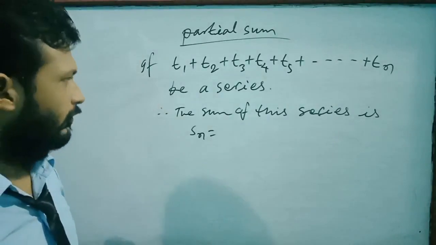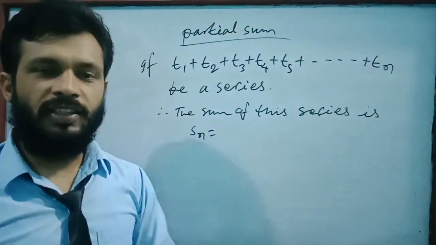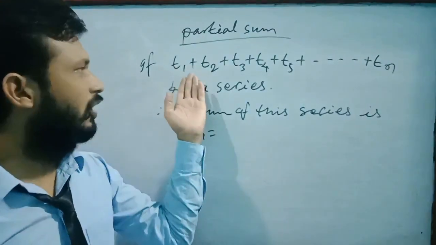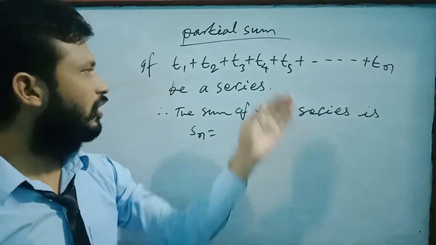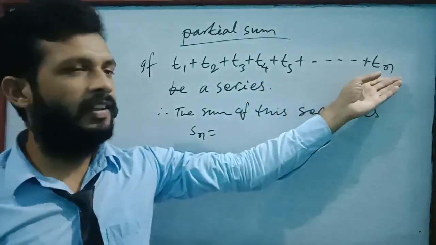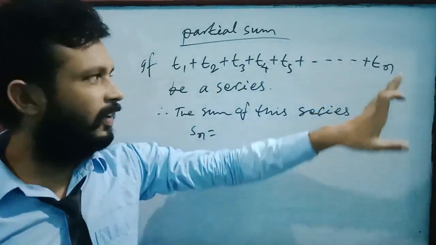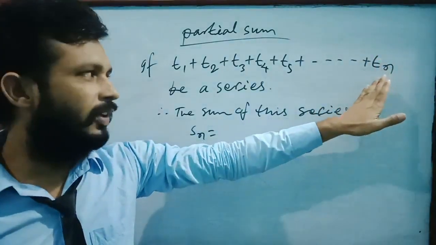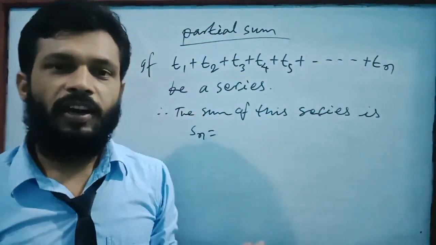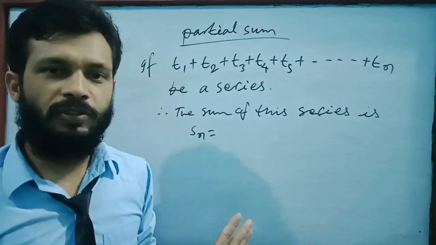Why is it denoted by Sn? Because total in this series, the total number of terms is n. The position of the last term is Tn. So the position of the last term shows the number of terms.